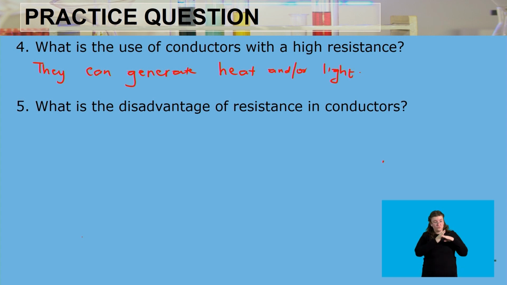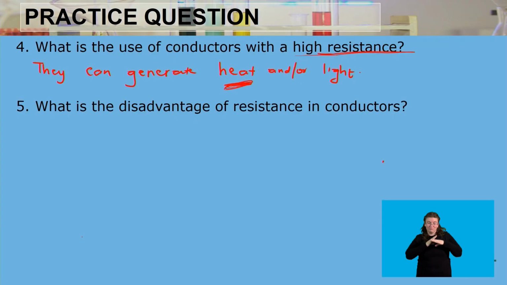The resistance between the conductor and the flow of current is going to generate the heat. If the conductor has a high resistance, the heat generated is going to be high. So we use those conductors because our main idea is we want to generate the heat.